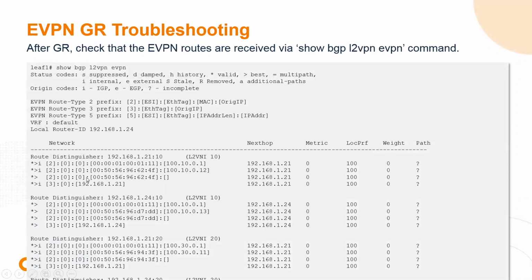The one I'm highlighting here is the one leaf one is generating, but on the top you can see that it is an IBGP received route, which means that it is received from the peer. Such routes should be checked whether we have received them or not. In case those routes are not received, as part of our stale management, we would clear those routes. So it is important to check whether the routes are received.